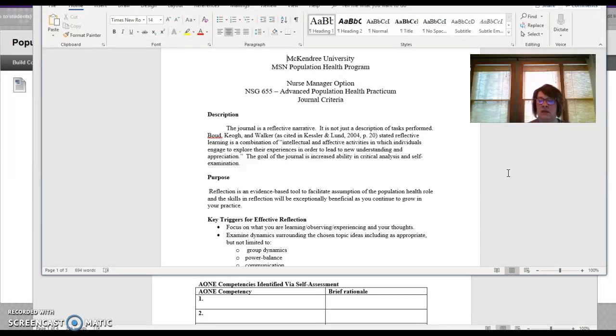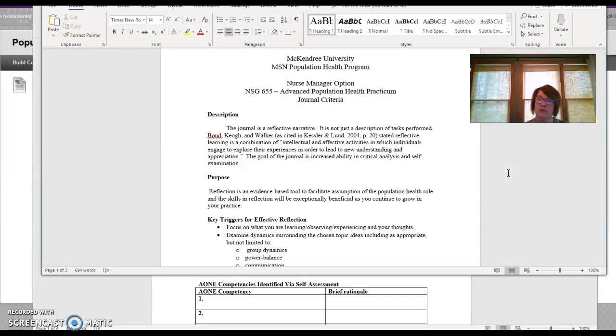This is a key component as you move forward in your population health practice, thinking very broadly and re-examining everything that occurs in practice, so that you can learn and assimilate best practices, think of ways to improve upon what's already been done, and connect with what you've learned throughout your population health curriculum.